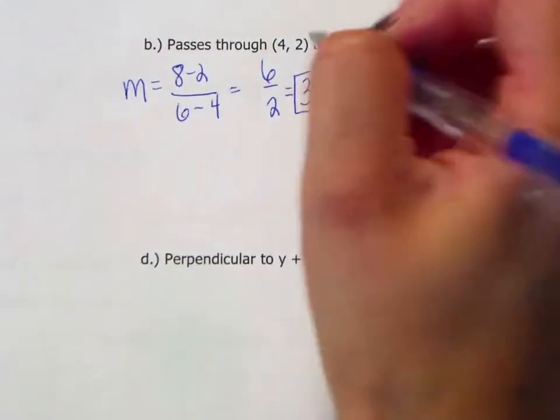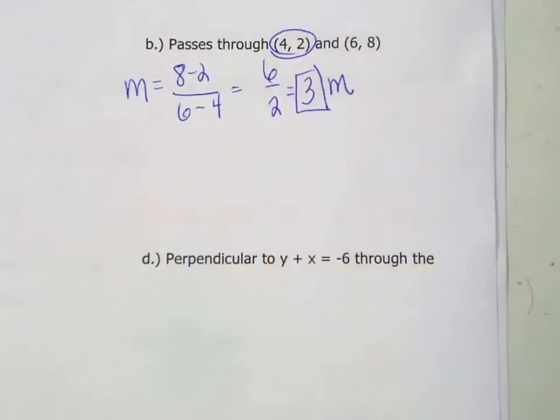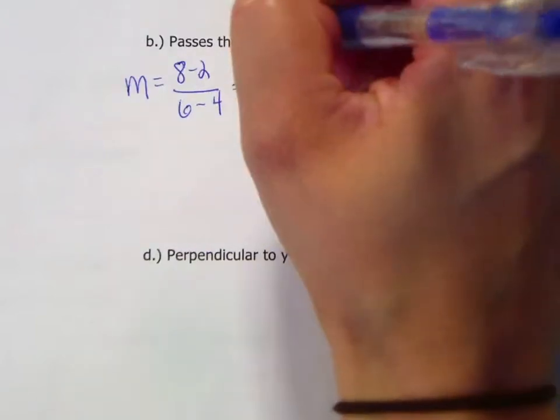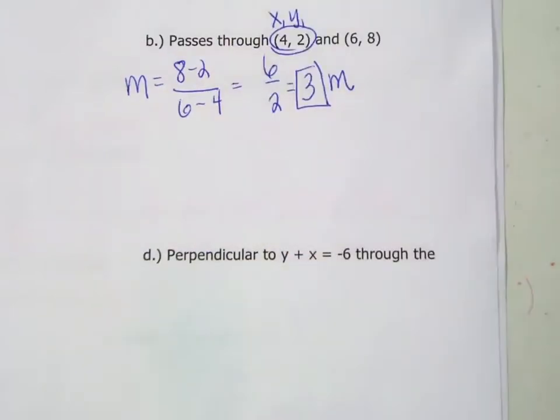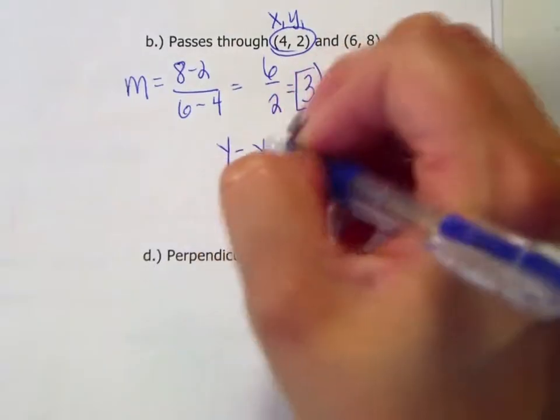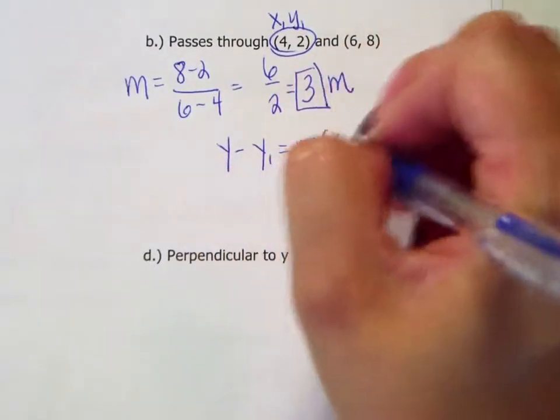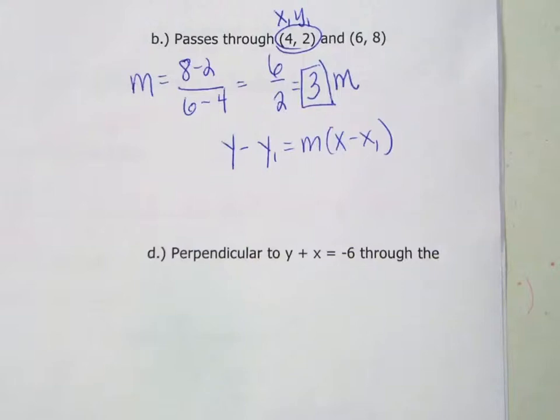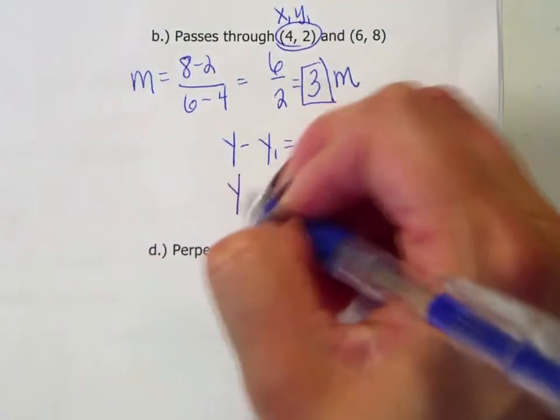Now I have my slope. You can choose either one of the ordered pairs given to use as your x1, y1. It does not matter at all which point you use. I just usually pick the first one. So then we can plug in our slope and whichever point you are choosing into your point slope form.